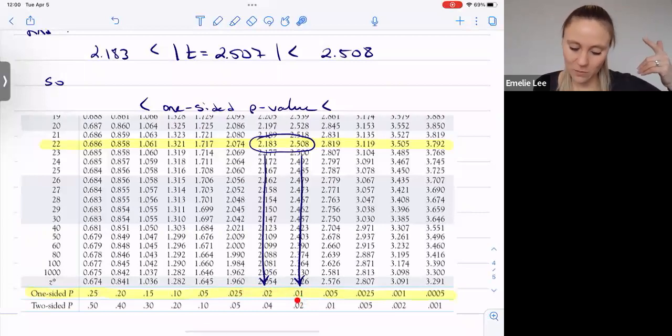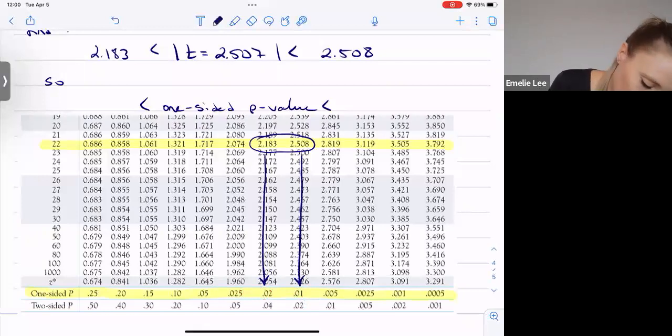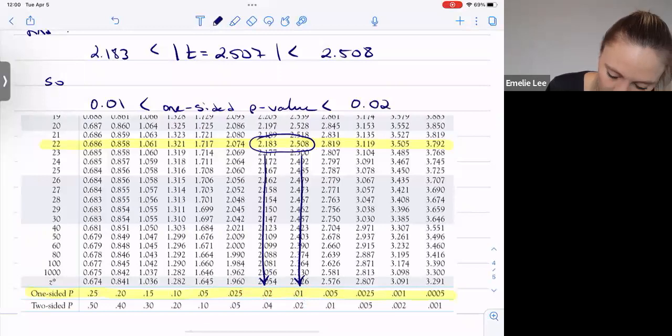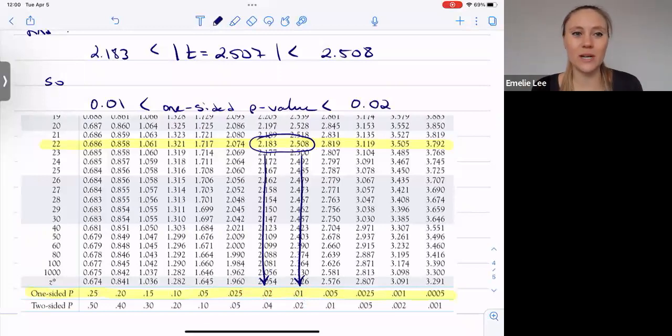So my one-sided p-value is between 0.01 and 0.02. So then I can write that here, 0.01 and 0.02. Even though it's just a range, we're used to using the ranges now, and we can still gather the same information.